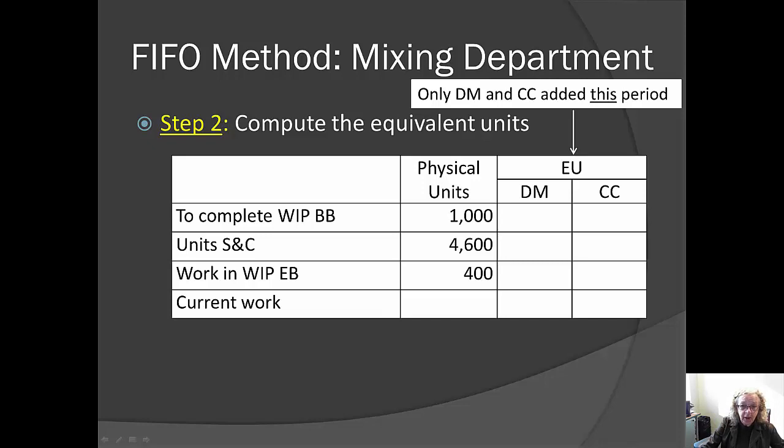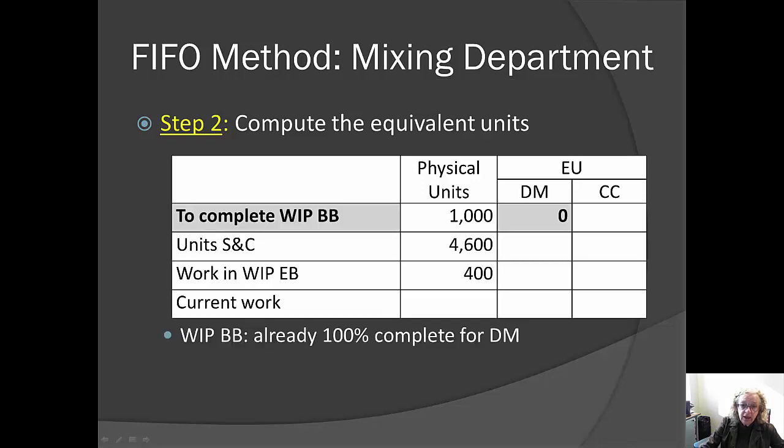Similarly, they already got some conversion costs in the previous period. So we only need to consider conversion costs that are added in this period. So for materials, these units were already 100% complete because materials are added at the beginning of the process. Therefore, these particular 1,000 units did not need any additional materials added in this period.